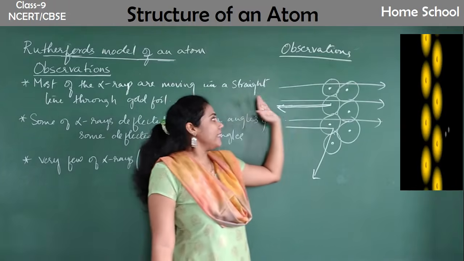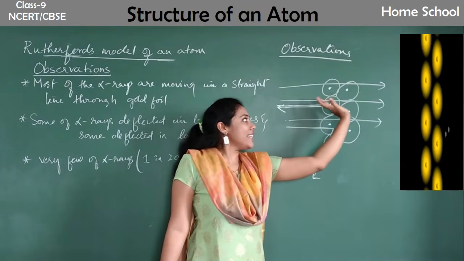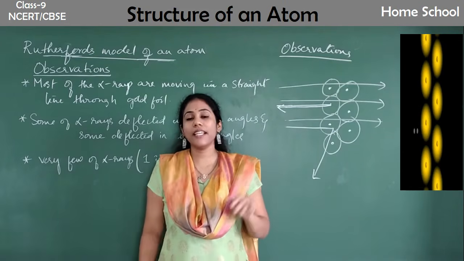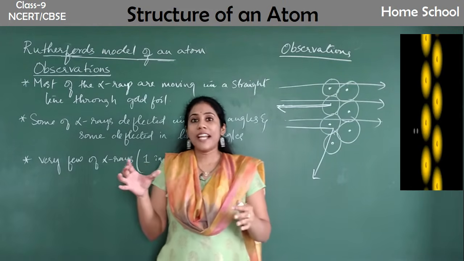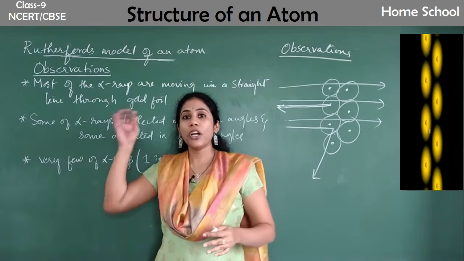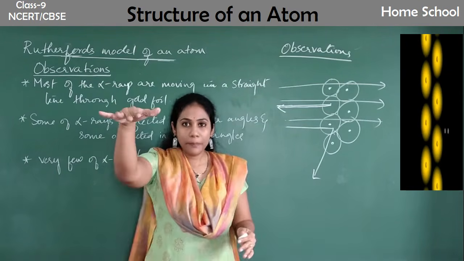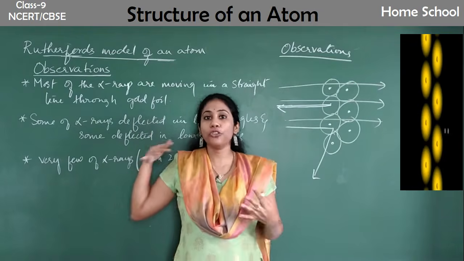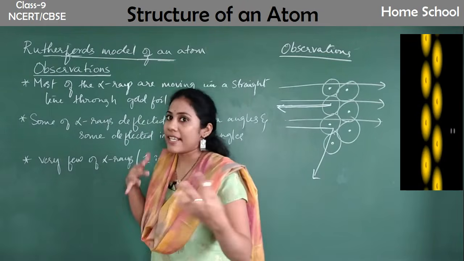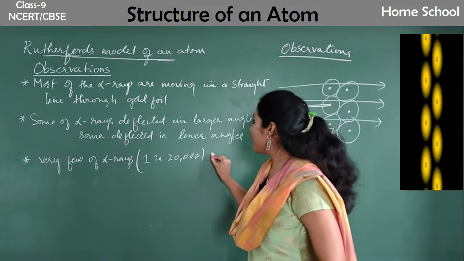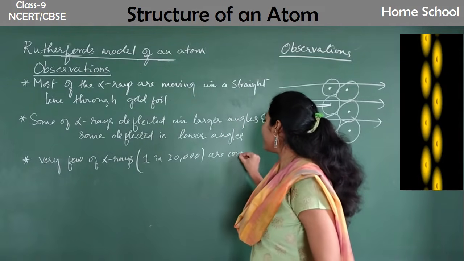That means the ray is coming back in the opposite direction to the one in which it was going. Imagine you are standing straight in front of a wall and hitting it with a ball. The ball may come back to you in the same direction, isn't it? So that is how at least 1 in 20,000 rays are completely deflected back.